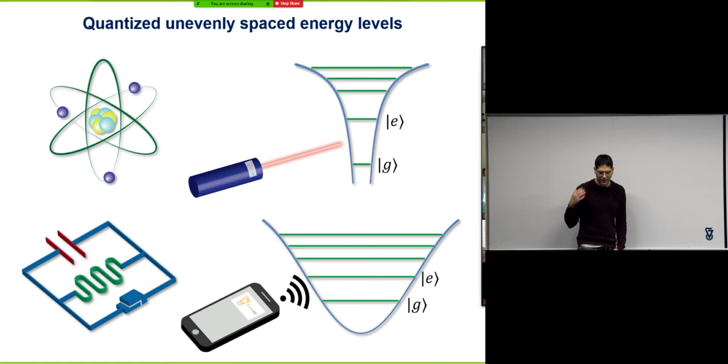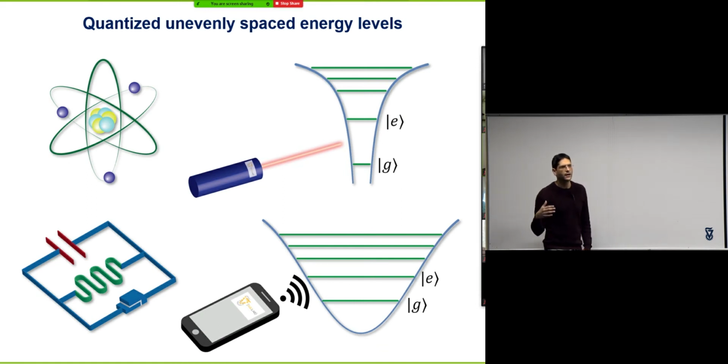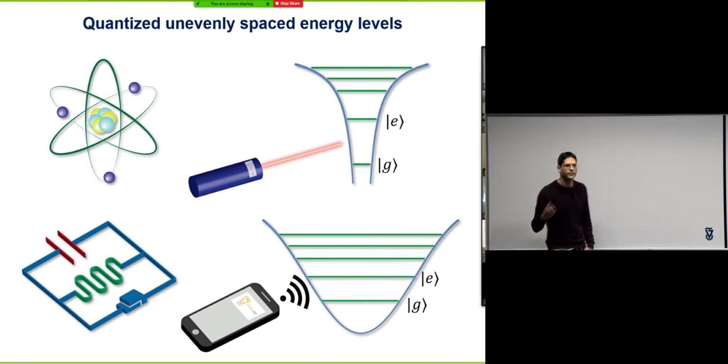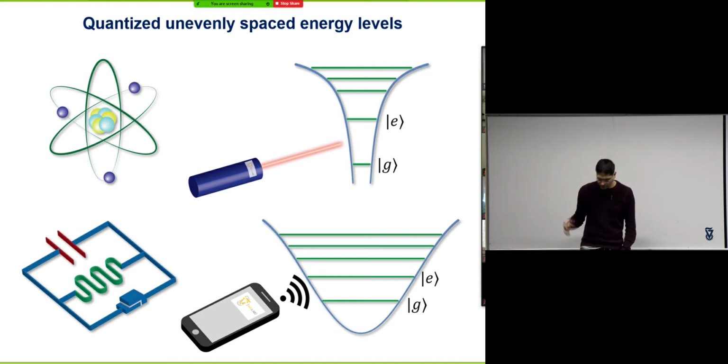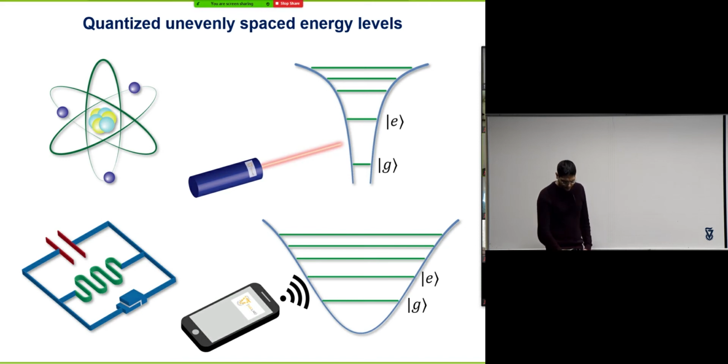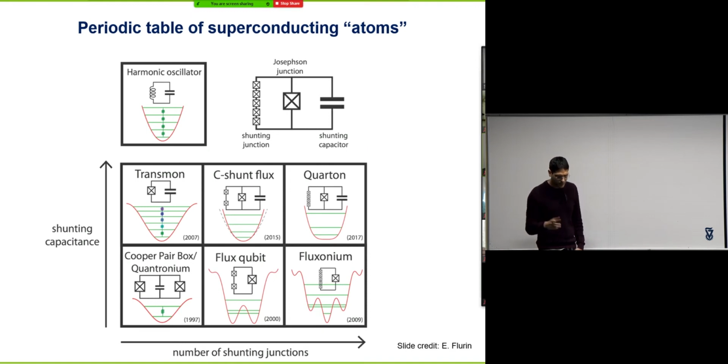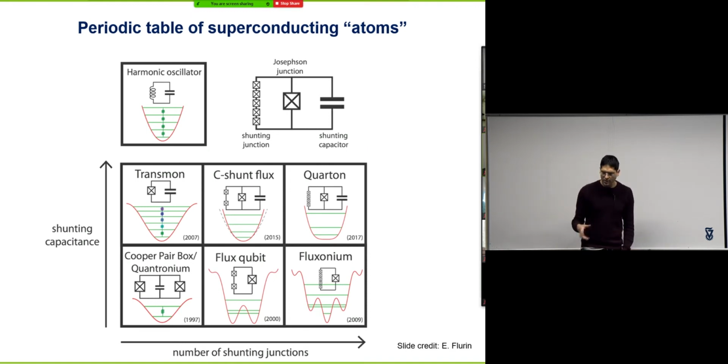And we discussed the fact that, just like we have quantized energy levels, we pick 2 levels out of an atom to represent a qubit. For cavity QED, it was the circular Rydberg states because they had a large dipole moment. Here you would do the same thing with these atoms. By playing around with these circuit elements, the capacitors and the Josephson junction, which we discussed last time, you can build different kinds of atoms.